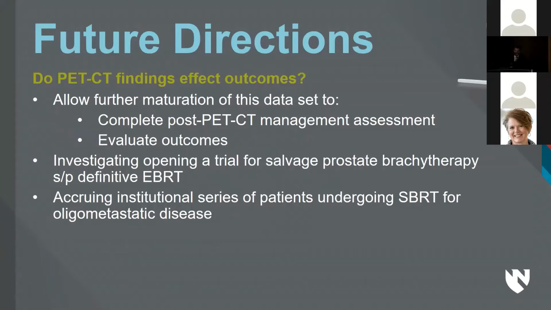As we've identified more PET positive findings in the prostate, we increase our interest in using salvage brachytherapy in these patients after external beam radiation. And then we're looking at the benefit of SBRT in the early or oligometastatic setting, which has been an interesting year for that, with the results of ORIOLE coming out and showing an overall survival benefit in prostate patients with oligometastatic disease that are getting SBRT.